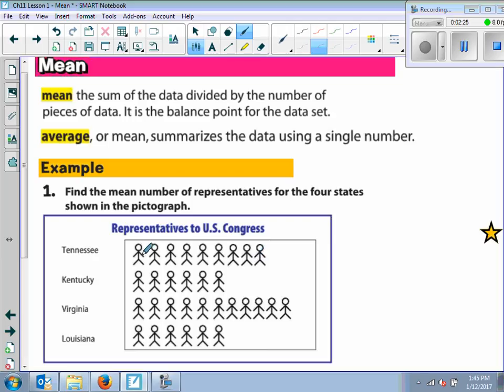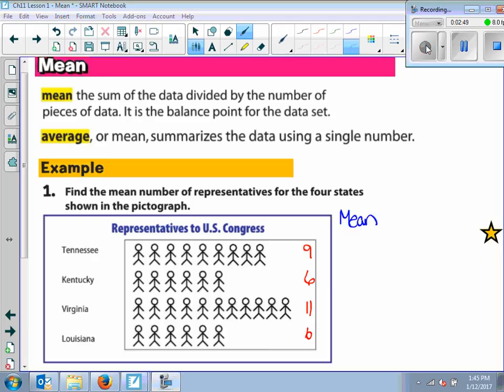This is 9. Here that's 6. This one is 11. And down here, that's 6 again. So now we want to find the mean.